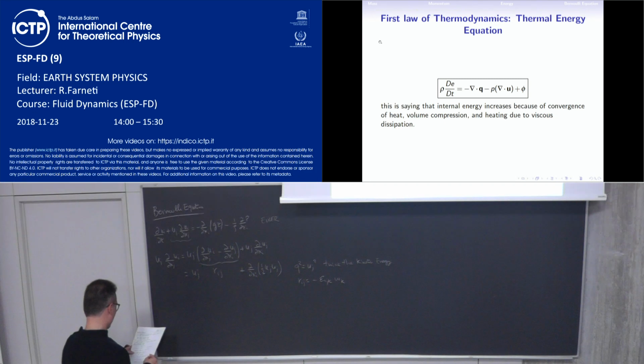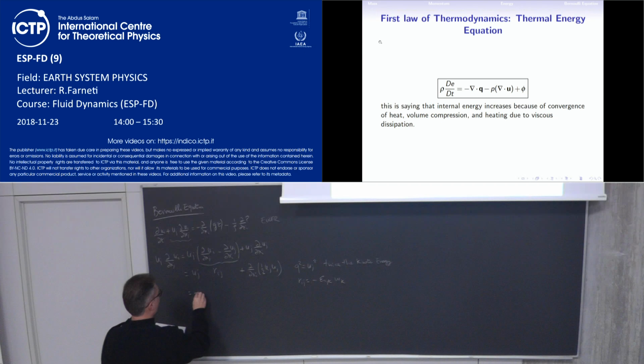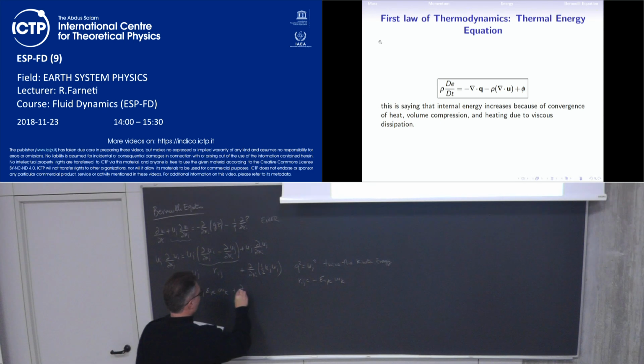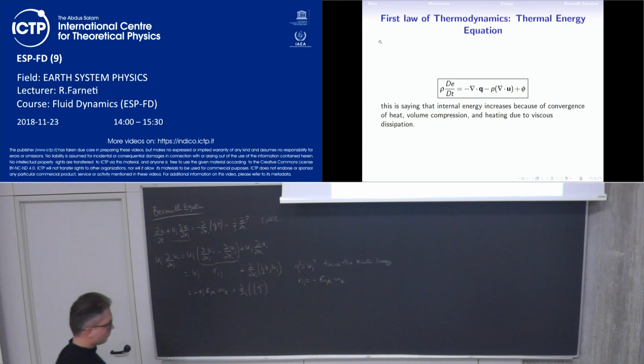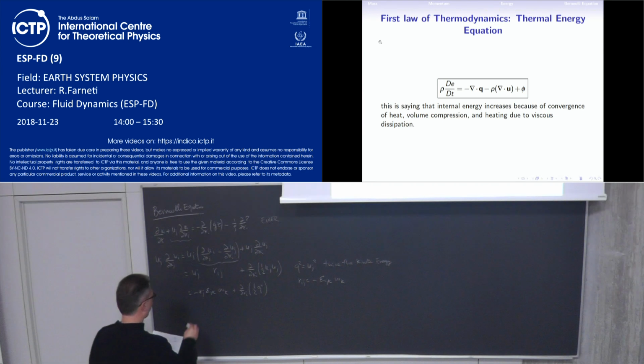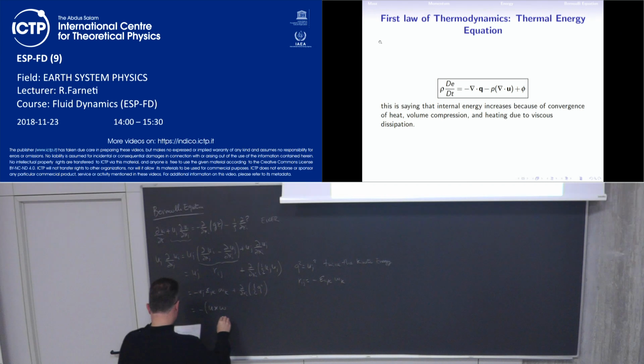Okay, so if I use these two expressions, I have minus the alternating tensor, plus my kinetic energy. Now this term can be shown to be equal to this if you use the properties of the alternating tensor.